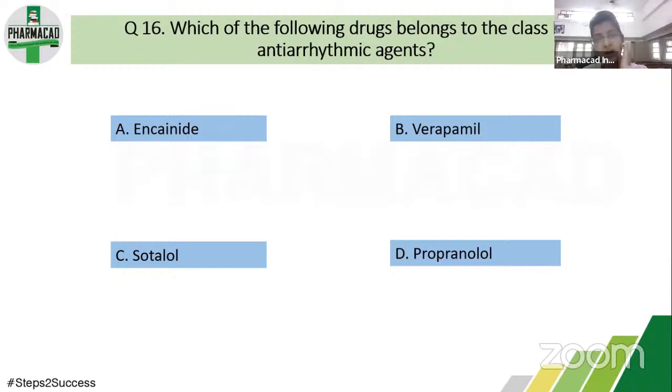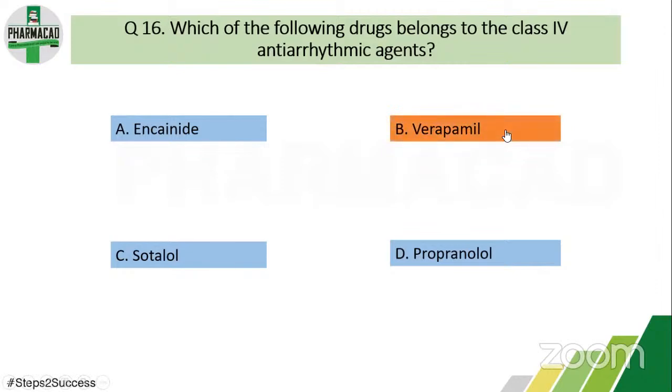So if you remember, encainide belongs to class 1. Sotalol belongs to class 3 and propranolol is a beta blocker drug, that is class 2. So the answer here is verapamil, which belongs to class 4, and class 4 is your calcium channel blocker.